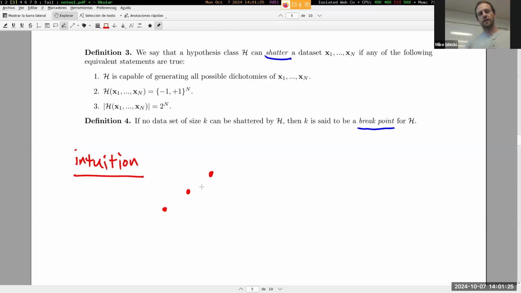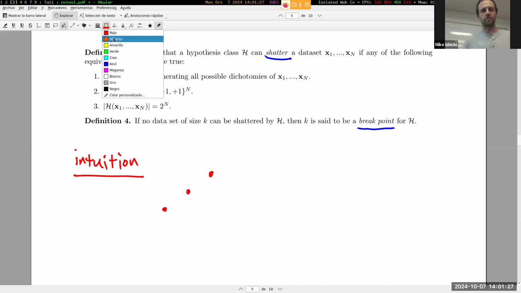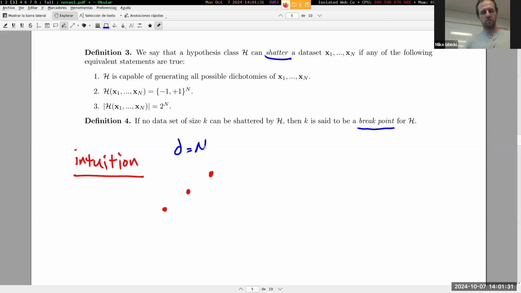So the intuition here is that when our data set was collinear like this, with D equals 2 and N equals 3, the perceptron hypothesis class does not shatter this data set.